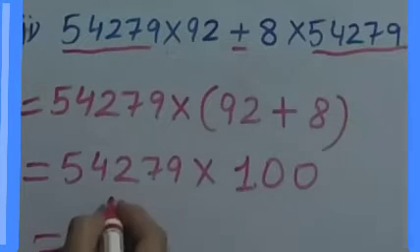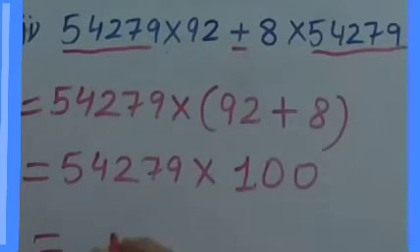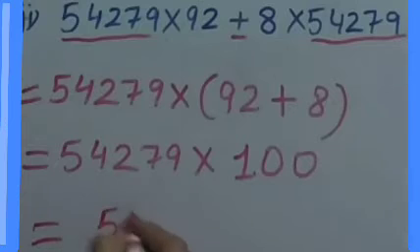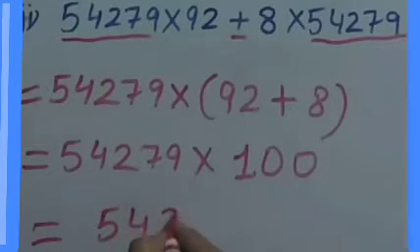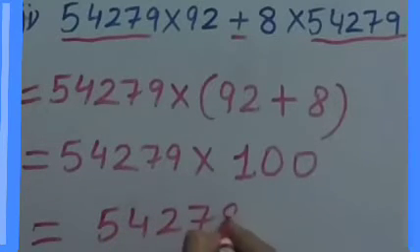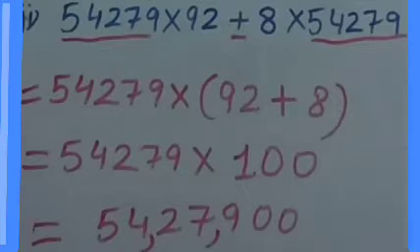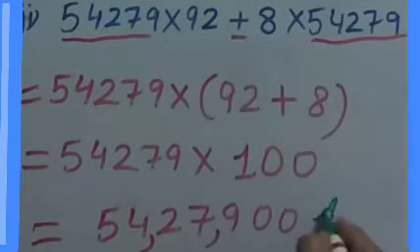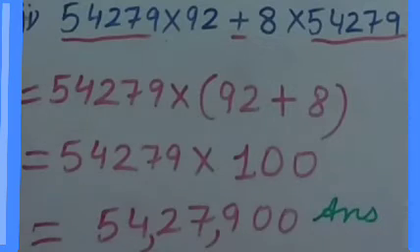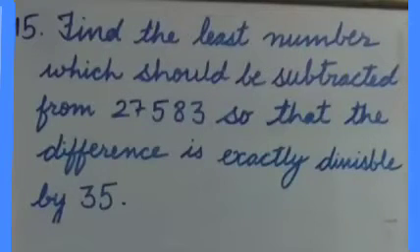Then 54,279 I'll multiply by 100. So I get 54,27,900. So here the answer, using the distributive property, is 54,27,900.